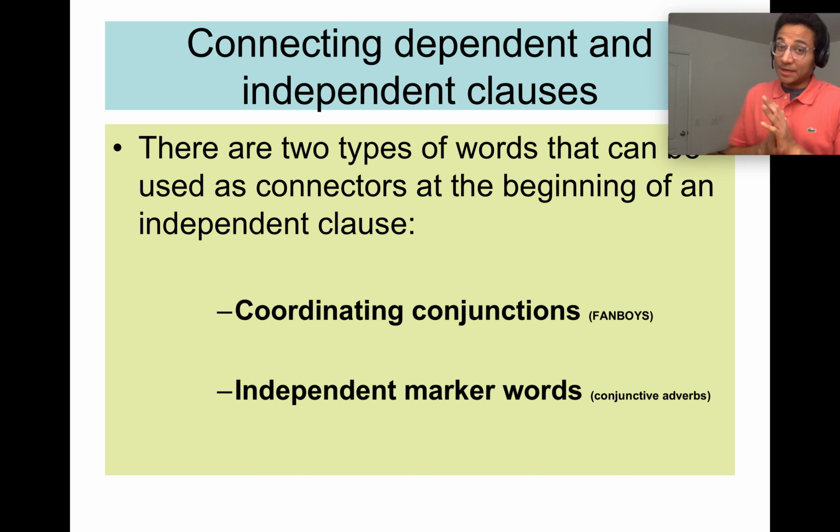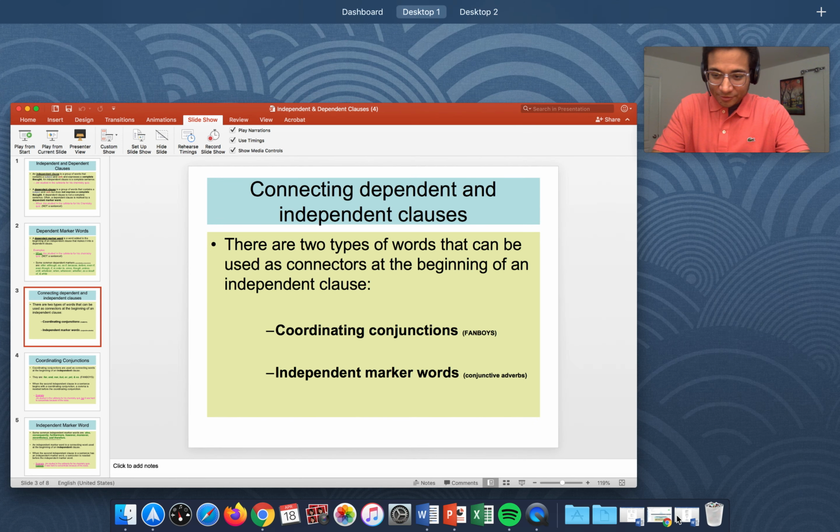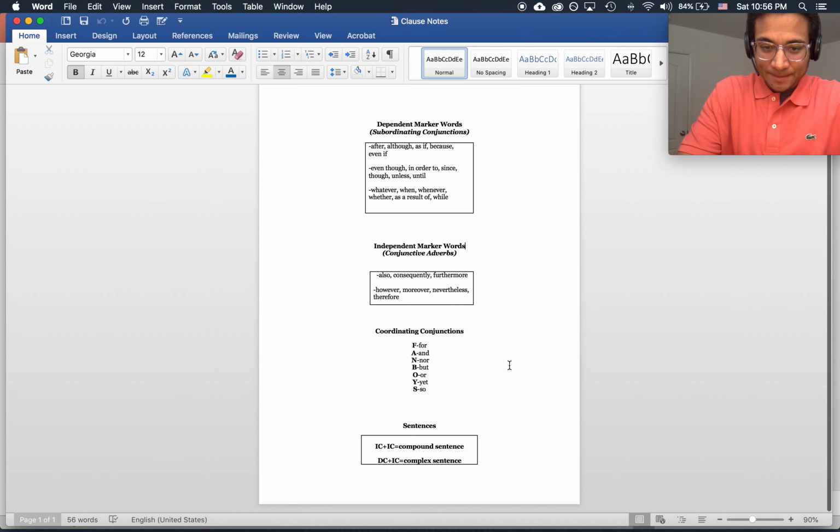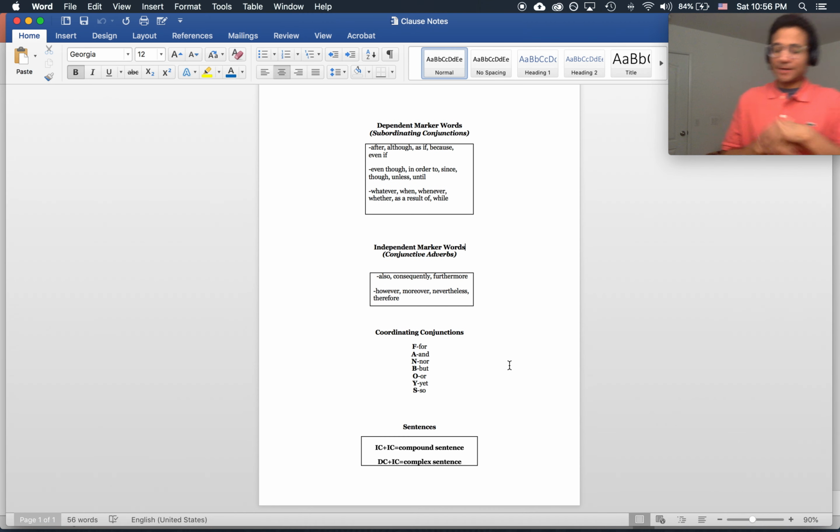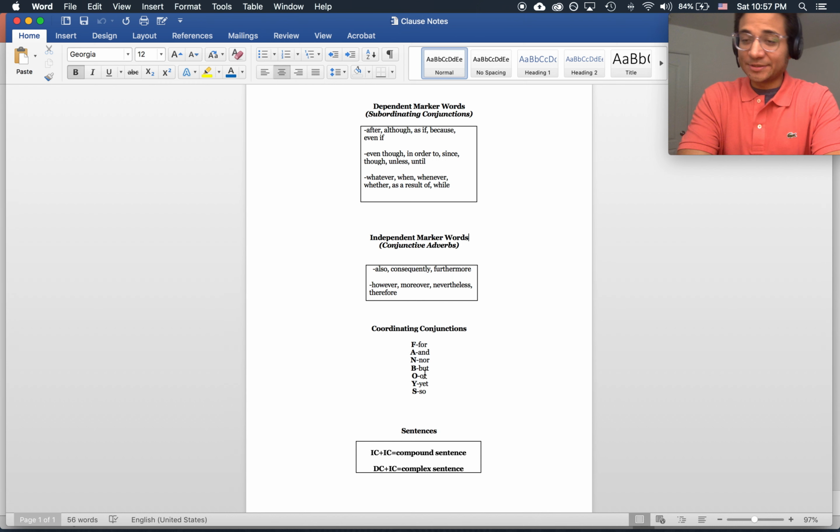Okay, so here's the thing. With sentences, granted, you can have a singular short sentence, but if you want to get fancy with it, if you want to combine clauses, first of all, you can have a compound sentence, which has your little formula here when you have two independent clauses.